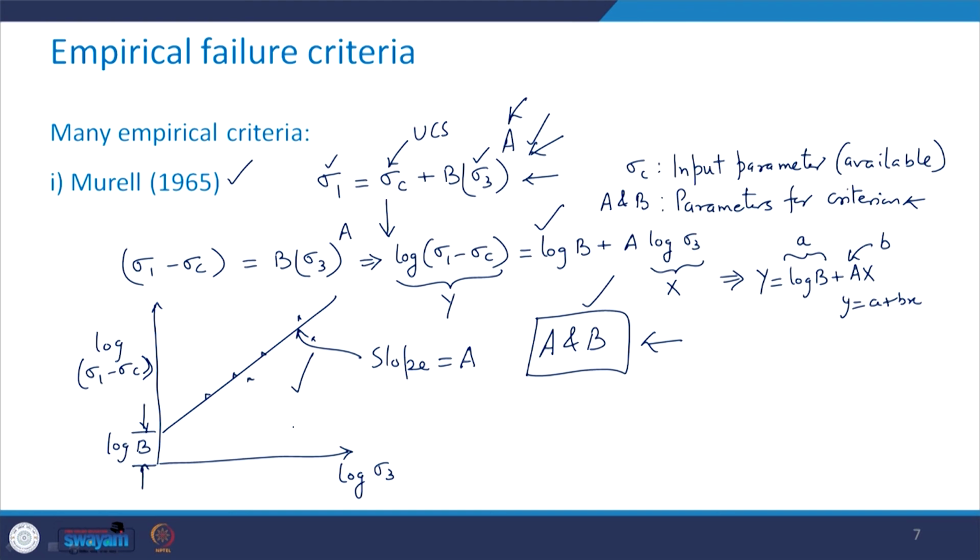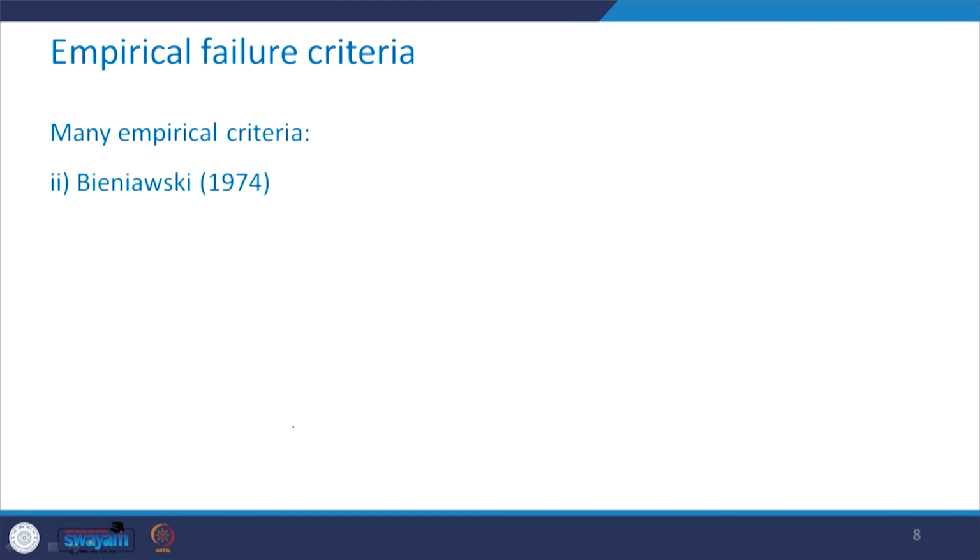Let us move to the next empirical criterion, which was given by Bieniawski in 1974, and this was given as sigma 1 upon sigma c equal to 1 plus b into (sigma 3 upon sigma c) to the power alpha.